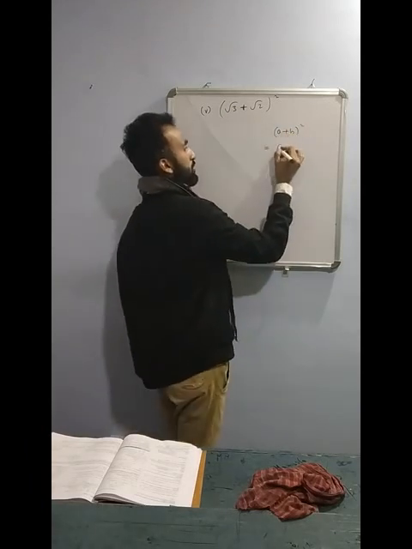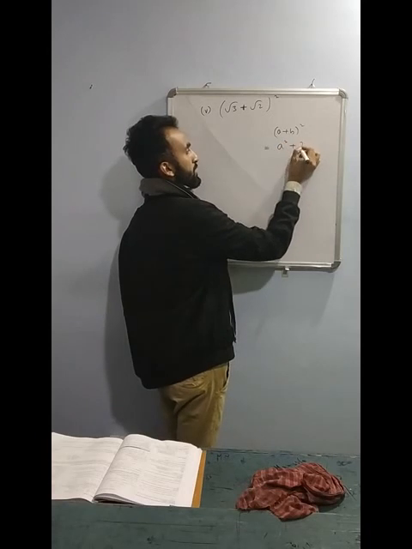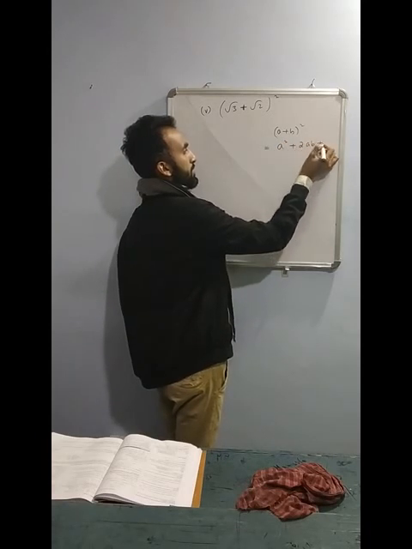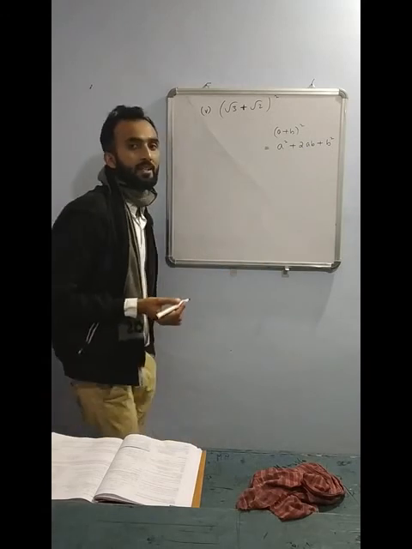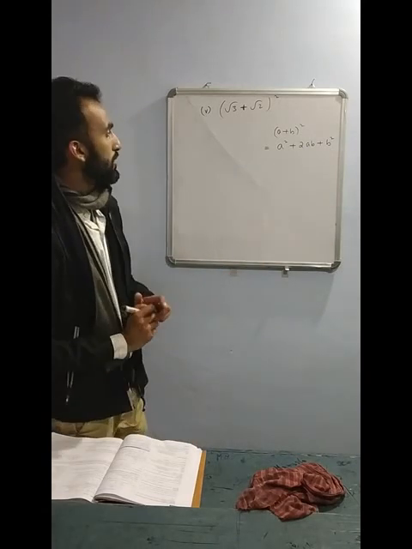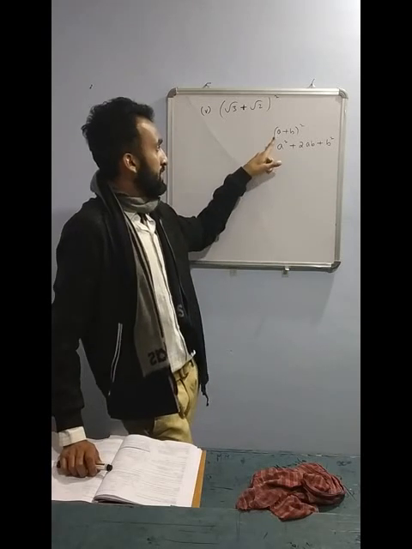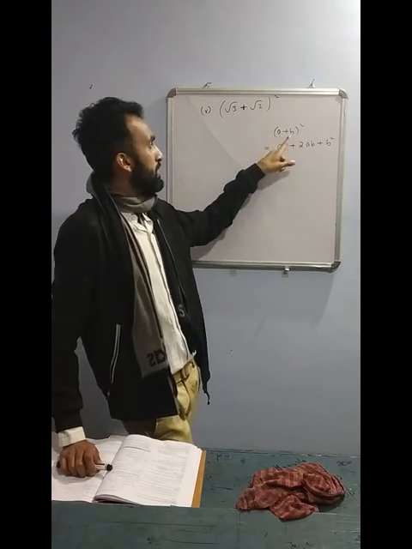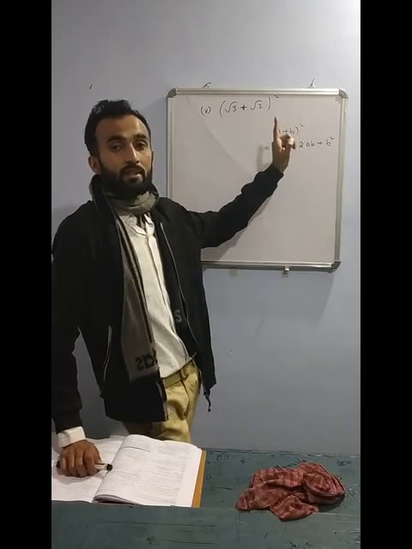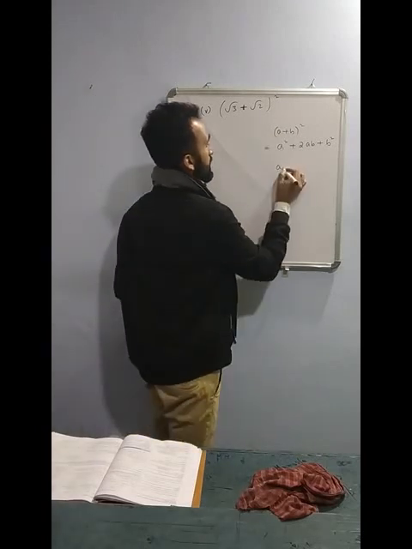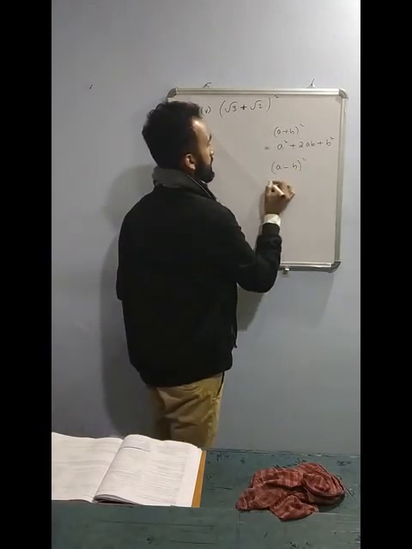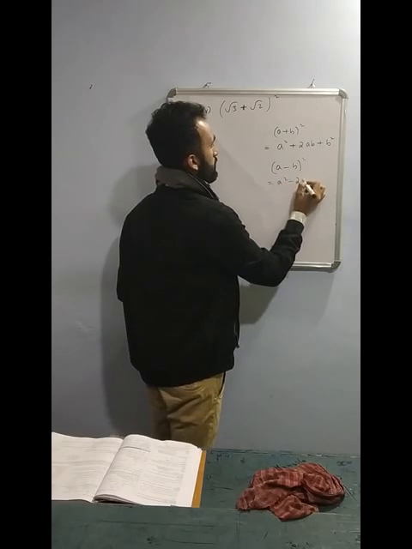A plus b whole square is a square plus 2ab plus b square. We'll do this in chapter 2 in detail again, but now you know this formula already. In class 8 also there was a chapter, algebraic expressions, where you have done a plus b whole square. These are called identities. A minus b whole square is nothing but a square minus 2ab plus b square.